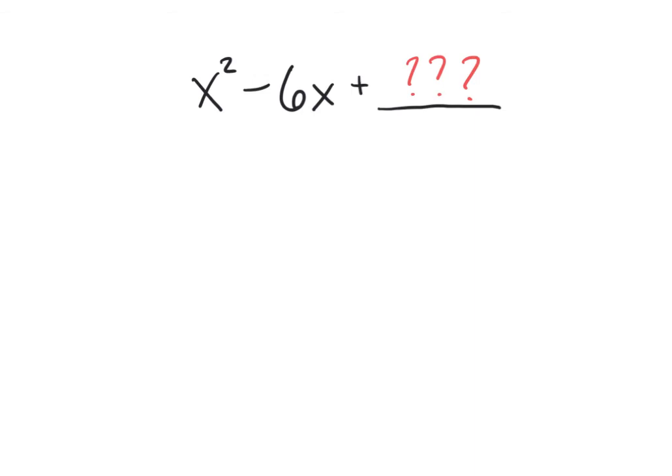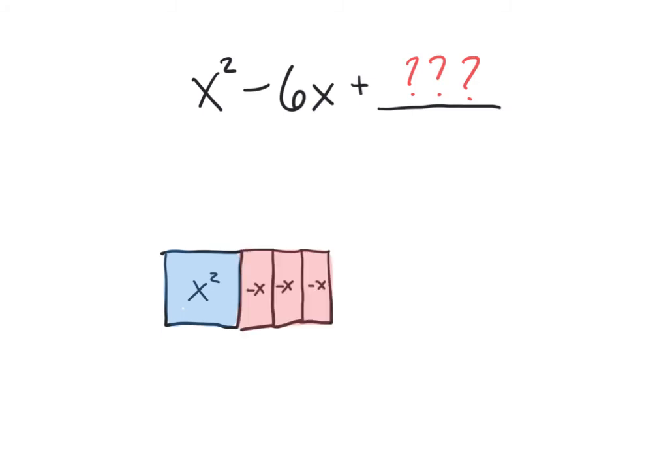Cool. So, like before, we're going to start with our x squared in the bottom left. Then we have 6 negative x tiles. It doesn't actually matter that these are negative x tiles. We're going to build our square the same way. I take half of that 6 and I put 3 negative x's over here. I take the other 3 negative x's and put them up here.